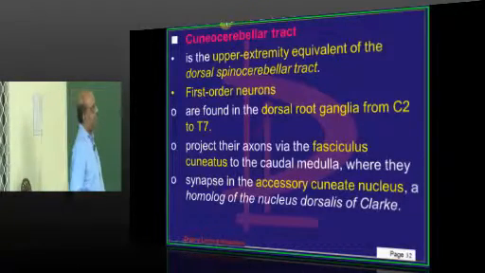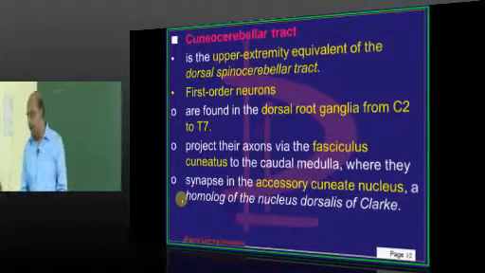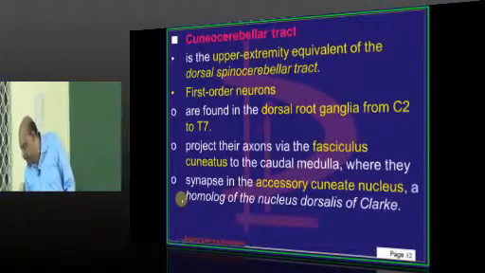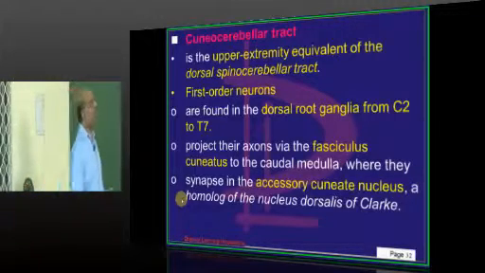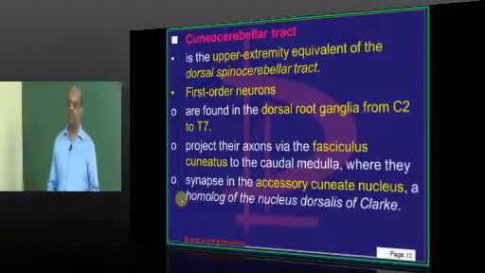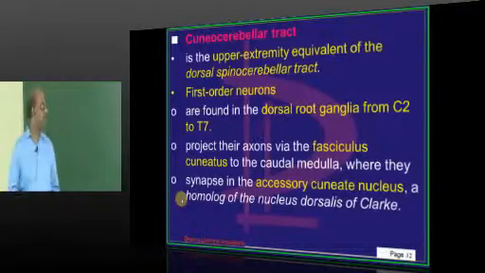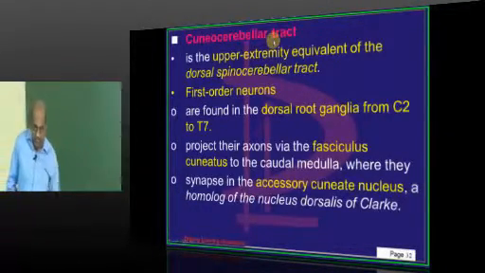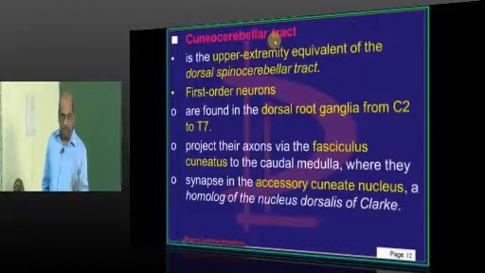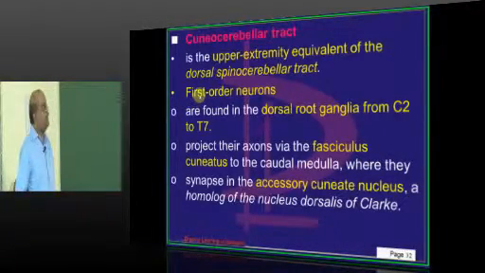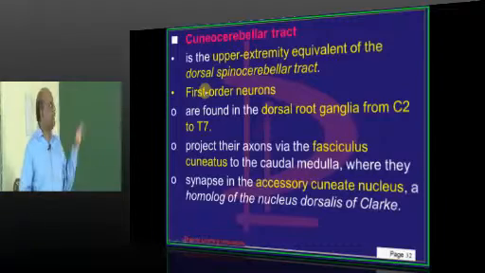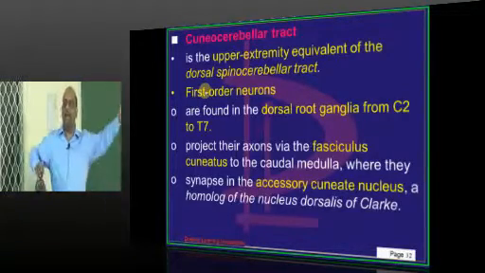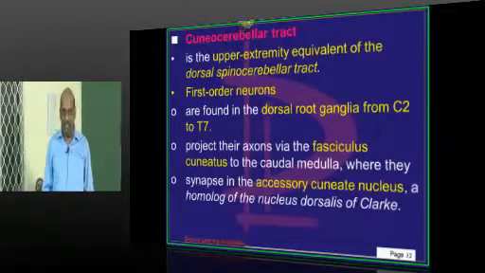Now, doctor, we have the next important tract among the ascending tracts, the cuneocerebellar tract. Just like the dorsal spinocerebellar brings information from the entire body, the cuneocerebellar is the equivalent of the dorsal spinocerebellar for the upper extremity exclusively.